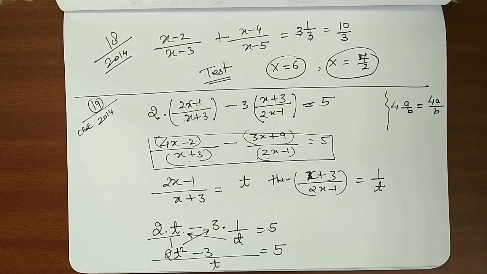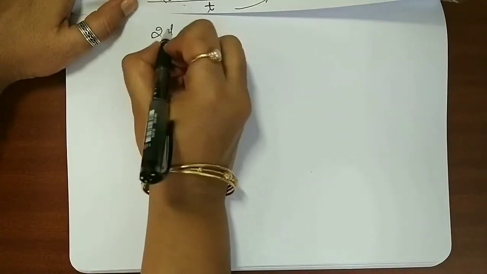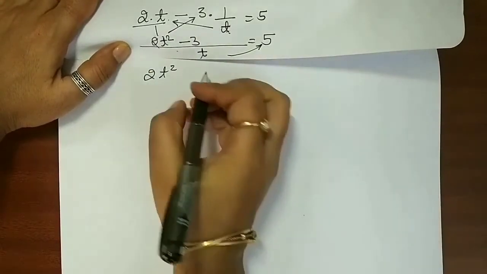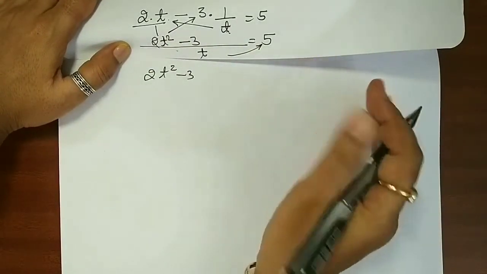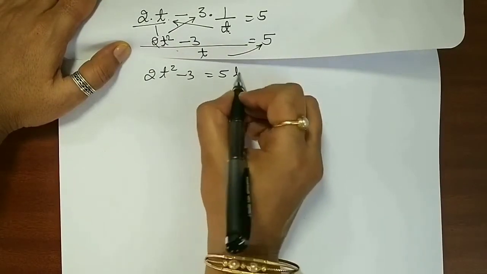Okay, so now what will happen? If I am having 2t square minus 3 by t, I can take this t there and make a simple equation. So let me solve it for you guys. Can I write 2t square minus 3 is equal to 5t?